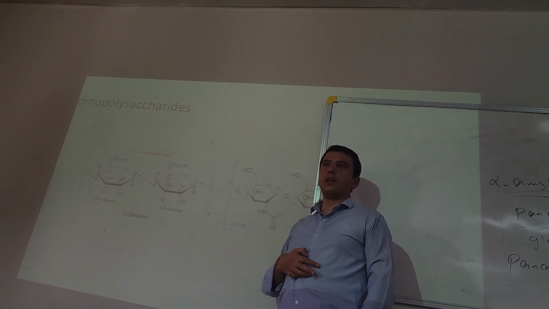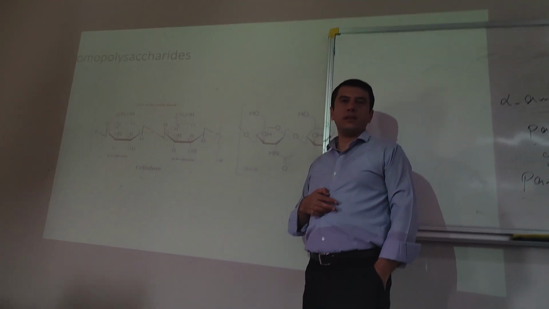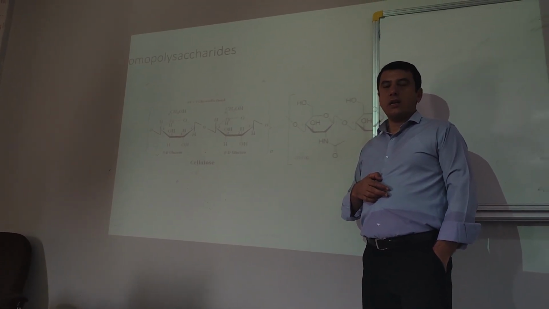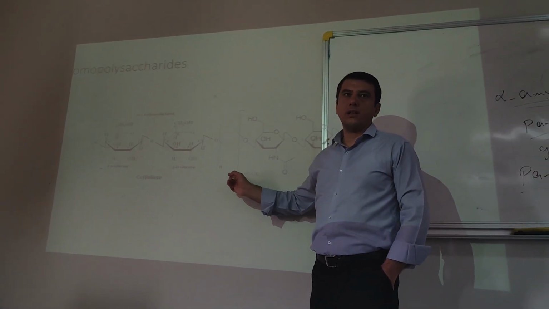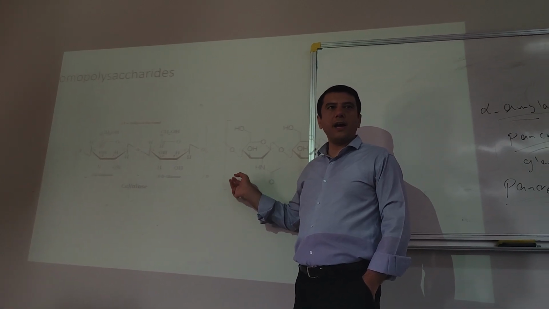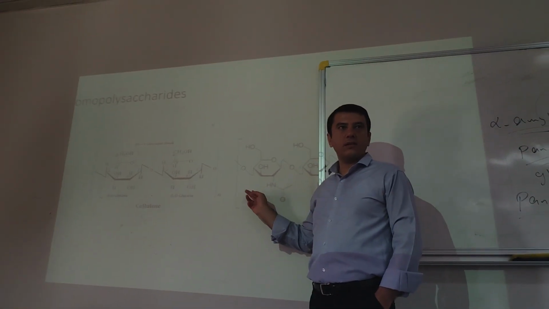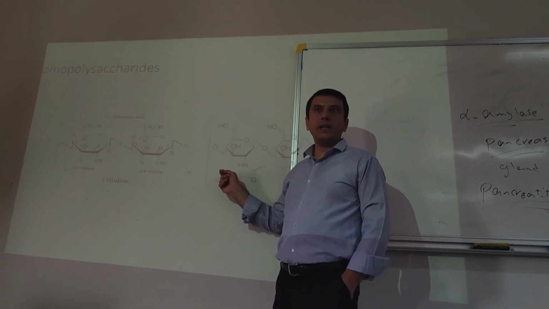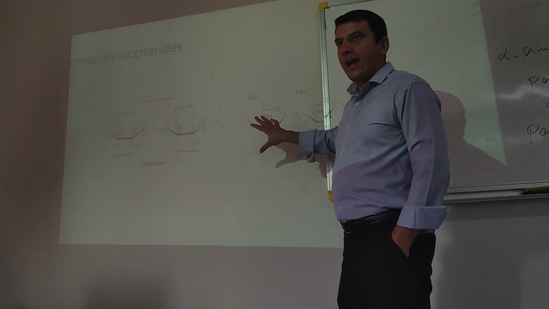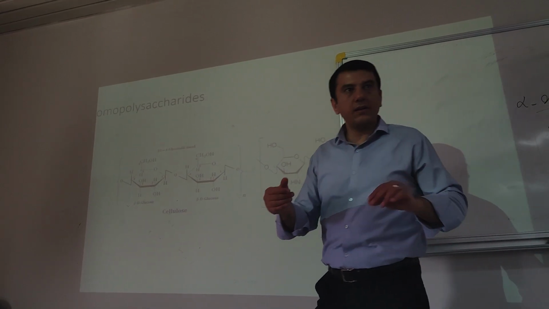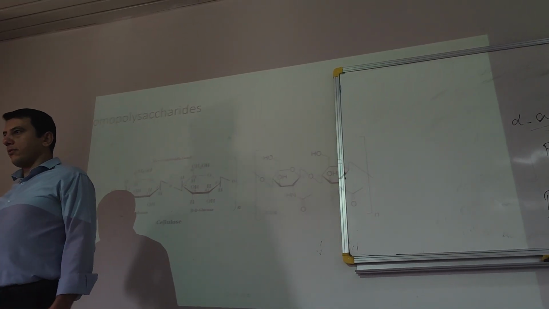Both of these sugars are structural. Where can you find chitin? In insects. Insects have chitin in their body.